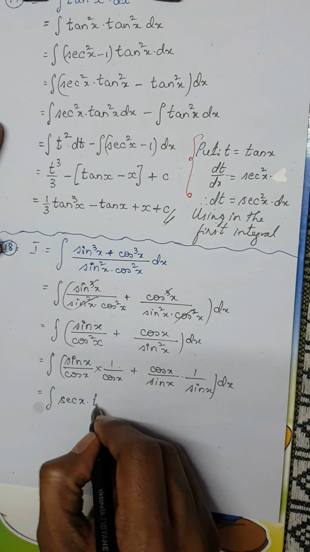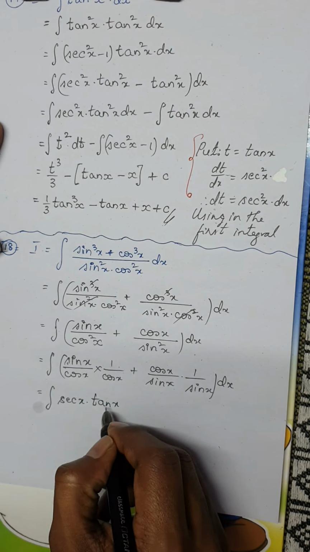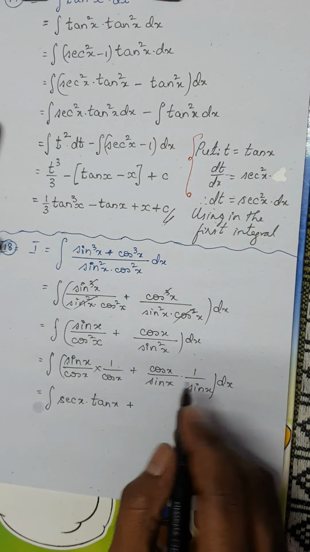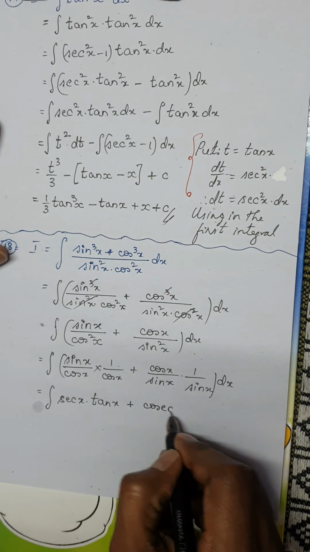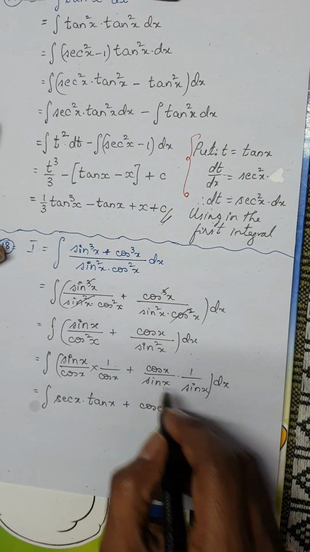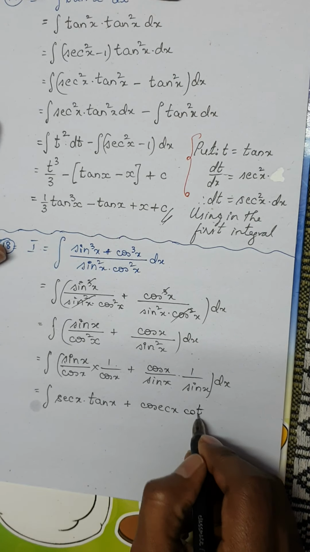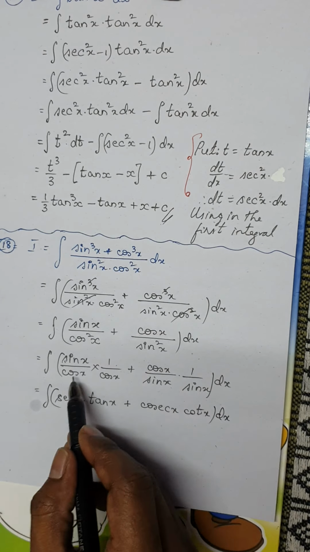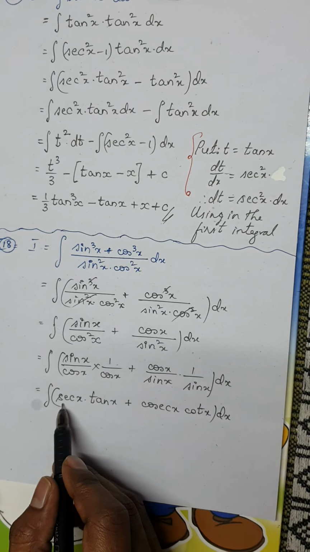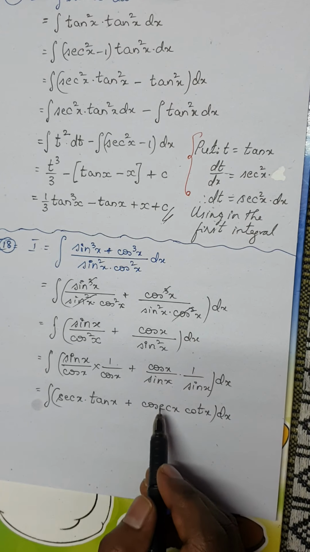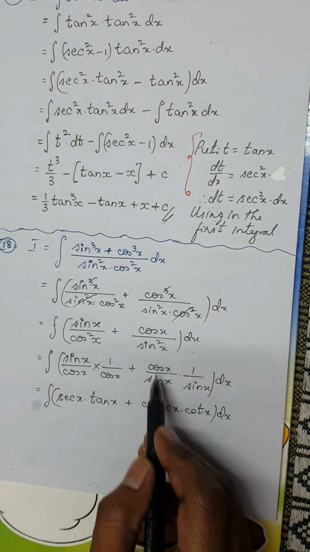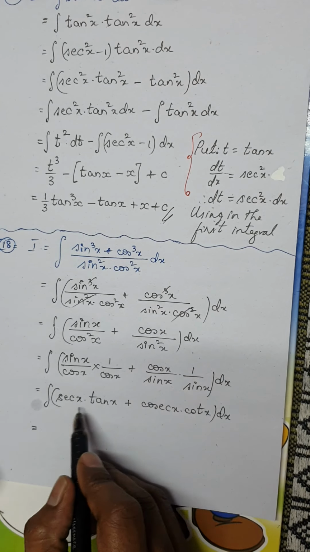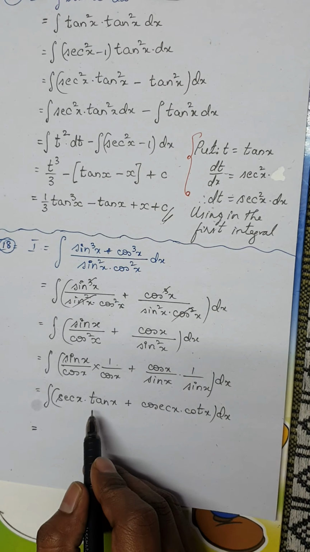So I have secant x into tan x, plus similarly 1 by sin would be cosecant x into cos by sin would be cot x. These are basic trigonometric ratios, isn't it? Sin by cos is tan, 1 by cos is secant, plus 1 by sin is cosecant into cos by sin is cot.